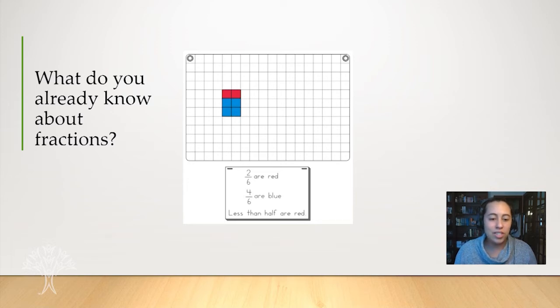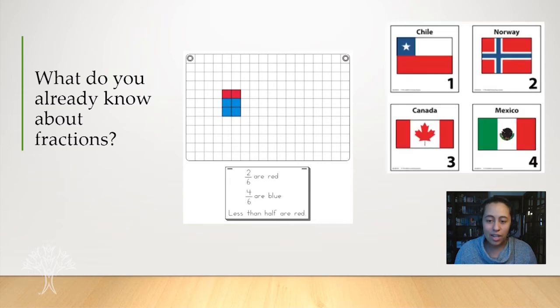And we wrote fractions to describe what fraction of the tiles were red and what fraction of the tiles were blue. In February, in our calendar grid, we looked at flags from around the world and thought about a similar thing, whether each of the flags was more than, less than, or exactly 1/2 red. So you've already had some practice in thinking about things in fractions.